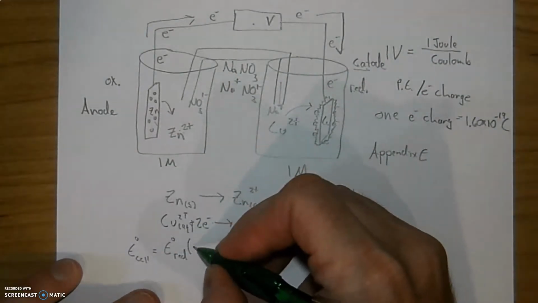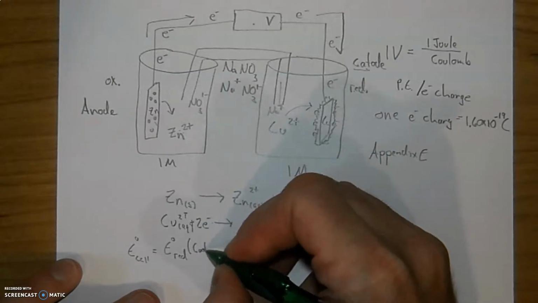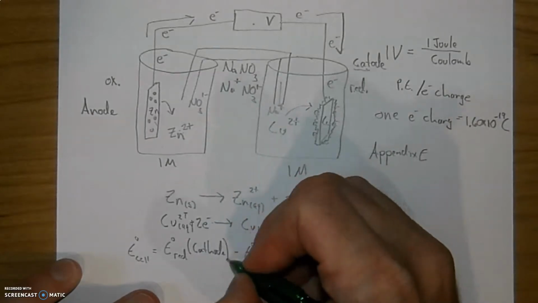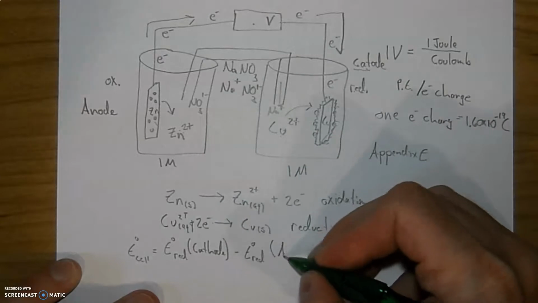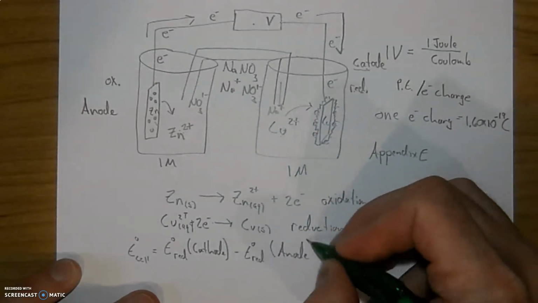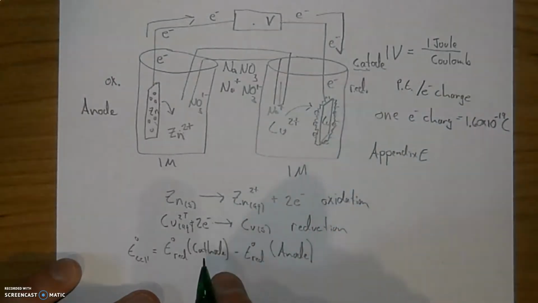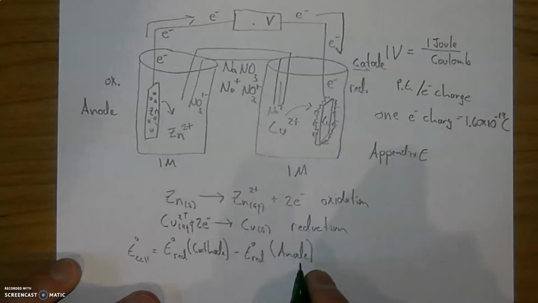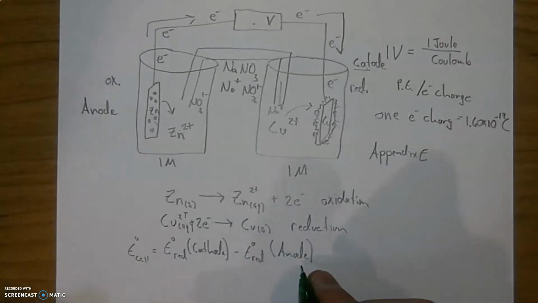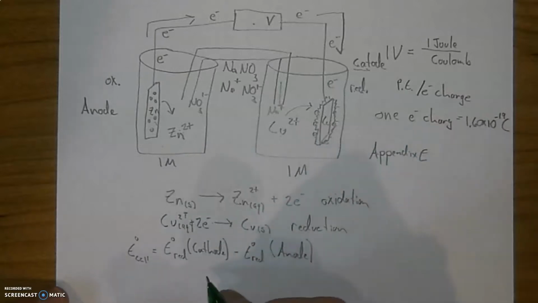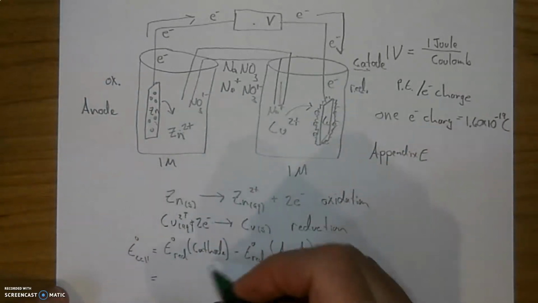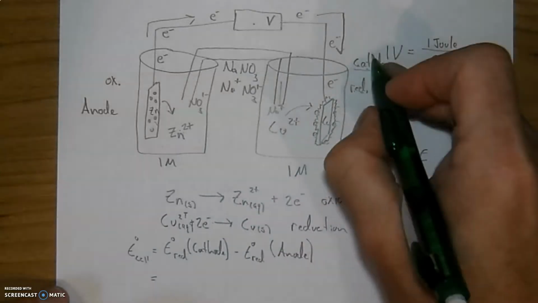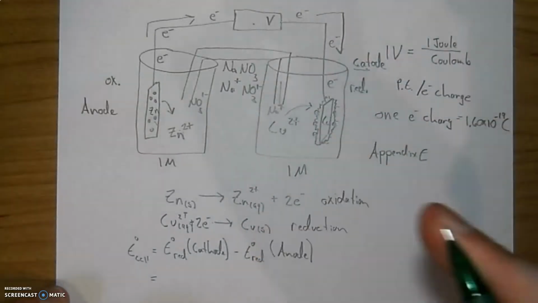So the way this always works every single time is cathode minus anode. Every single time. The cathode, which is the more positive value, is going to be the cathode, and then the anode is going to be the second value. But remember, they're always putting reduction potential values into this equation. So when I look these up, I look up the cathode first. Well, who's the cathode? This one, so copper's value comes first.